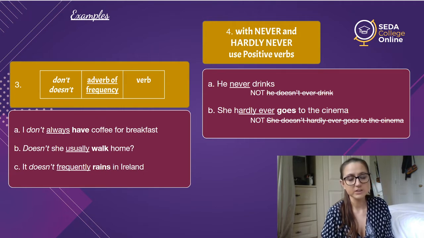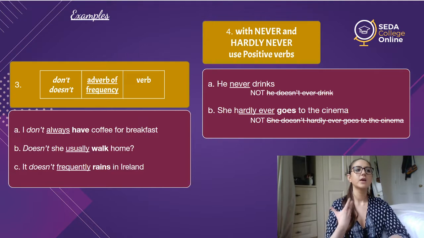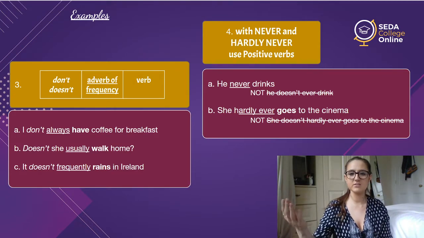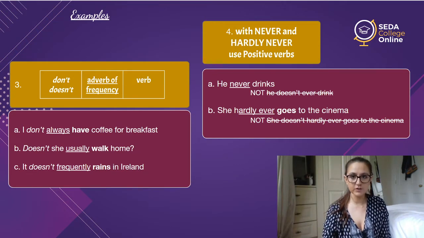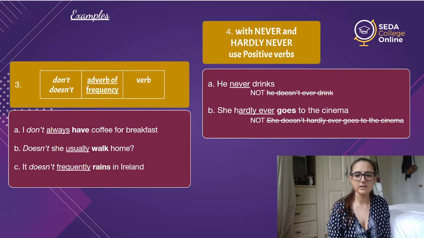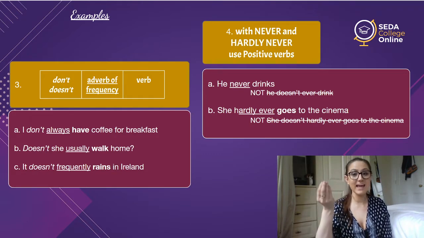And one more thing: with never and hardly ever you put positive verbs after. For example, he never drinks. Drinks is a positive form of the verb, right? When it's a negative form, we say don't drink, doesn't drink, in the front, because with don't and doesn't we have a negative form.